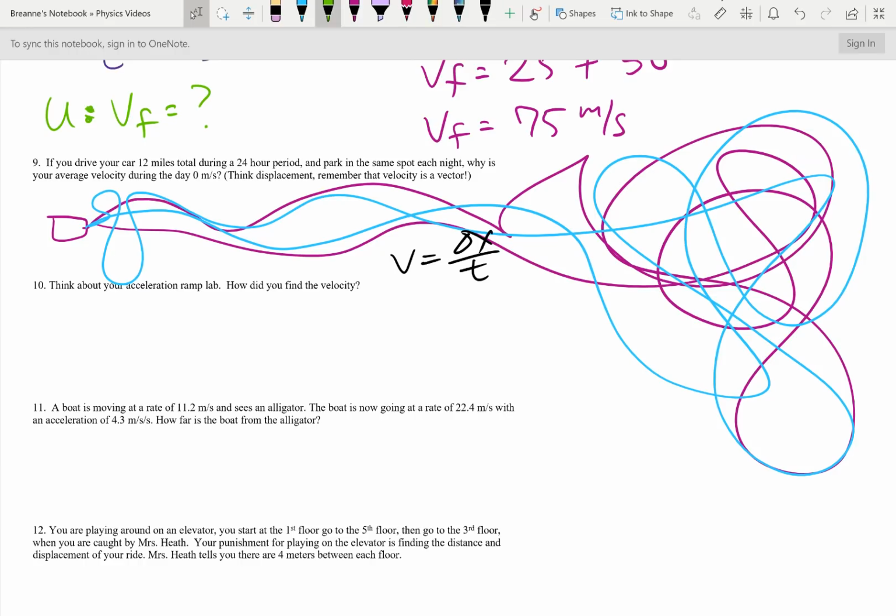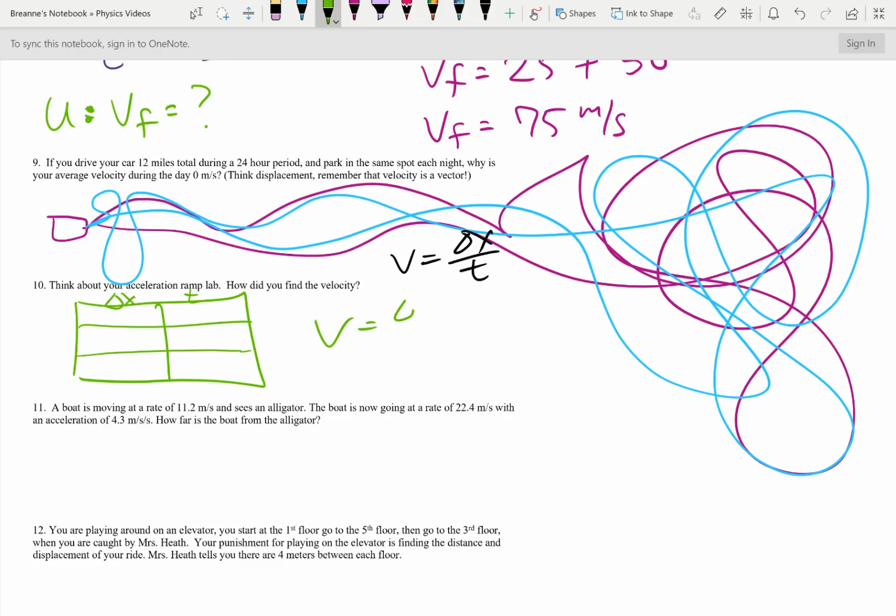Now, this next one says, think about your acceleration ramp lab. How did you find your velocity? So go back to your data. You had your displacement, you had your time. So to find velocity, you just had to do your displacement over time using your data.